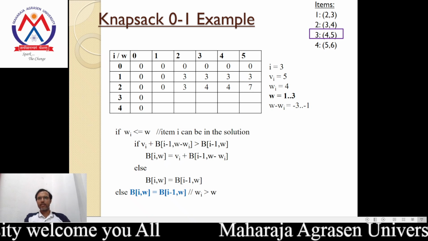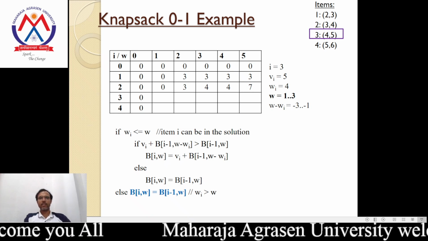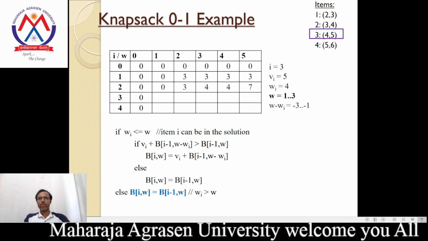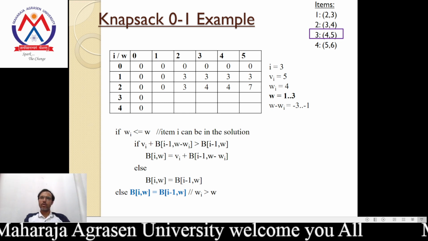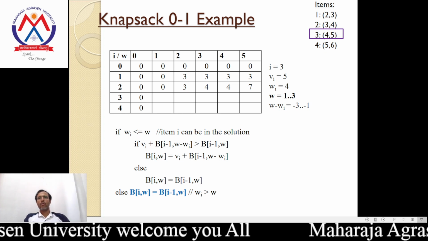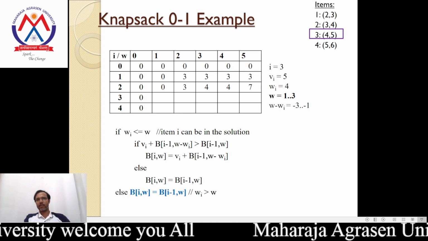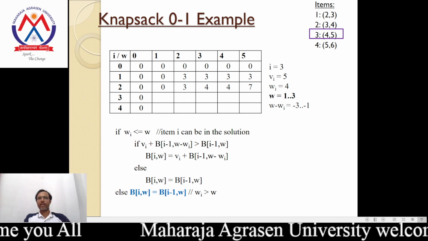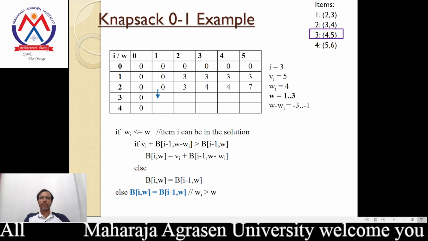Now in the third row, in the third case we will consider all of the three items, either 1, 2, 3, any of 1 and 2, 2 and 3, and 1 and 3, as well as the first item, second item, and third item simultaneously. So the weight and the value will be calculated accordingly.